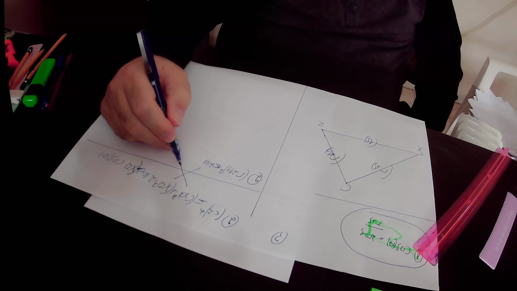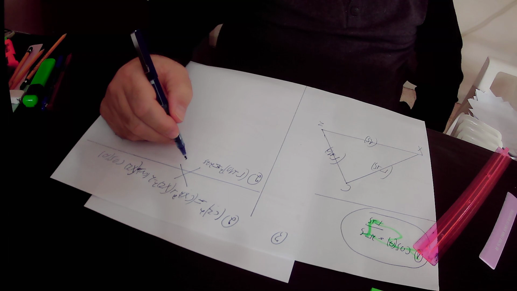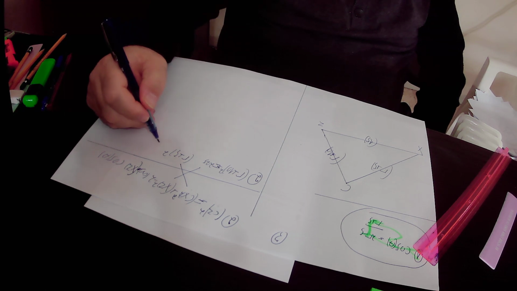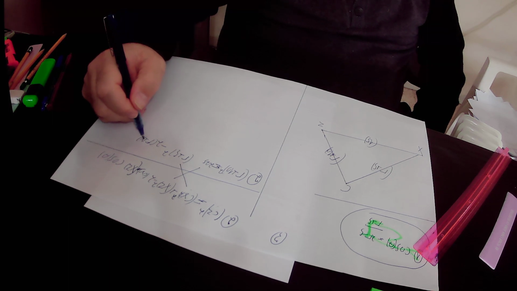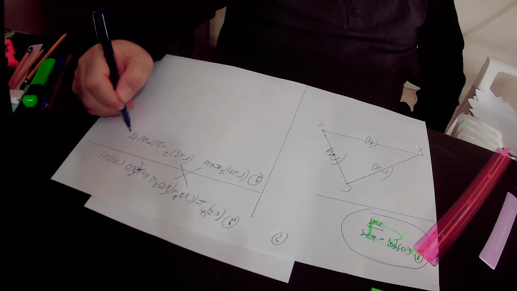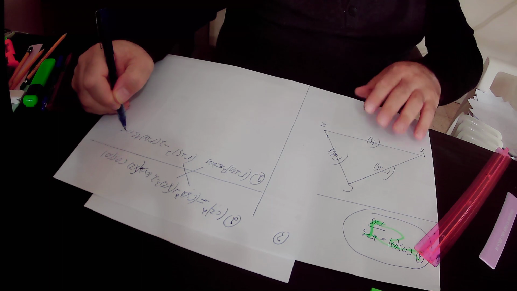CX is r plus 5, so CX squared will be equal to r plus 5 squared, minus 2 times CX, that is r plus 5, times XZ, that is 15, times cosine theta.